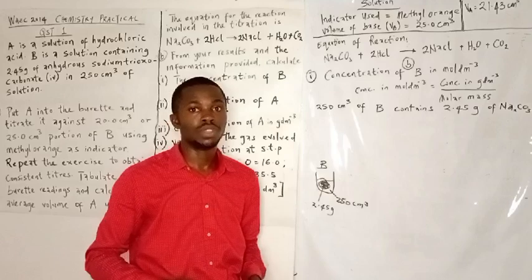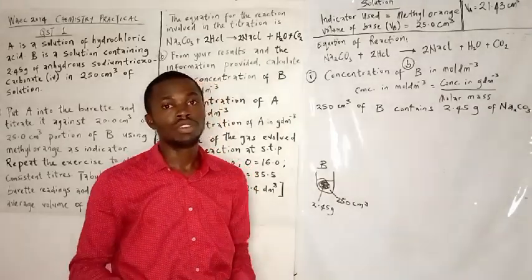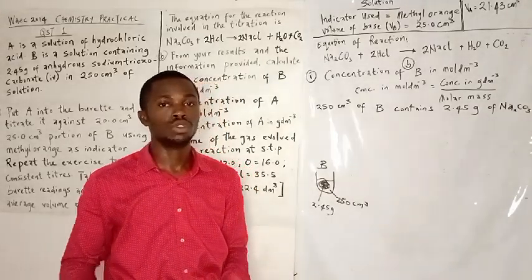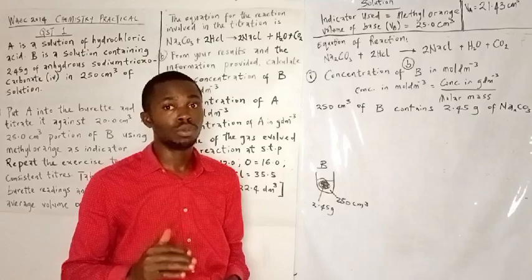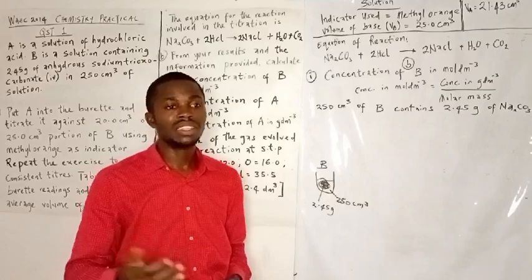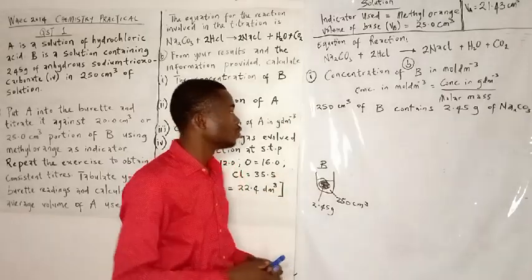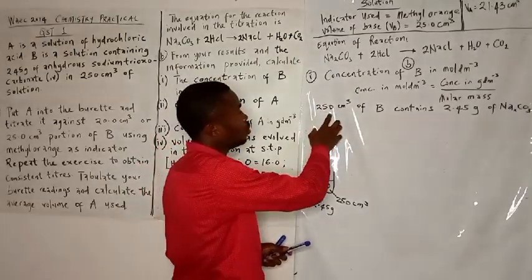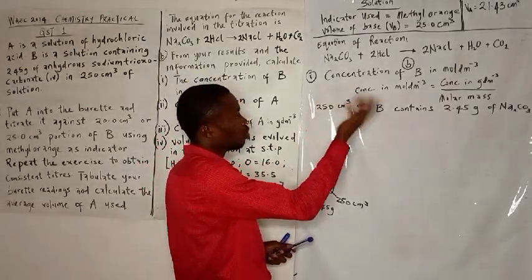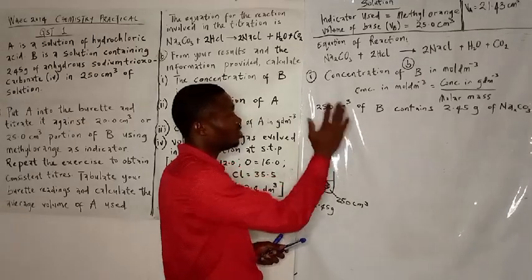Remember that at STP, the volume of a gas is 22.4 dm cube. So 1000 cm cube is equal to 1 dm cube, and that is a kind of standard in calculations like this. So we don't want to work with cm cube. We want to convert from cm cube to dm cube.